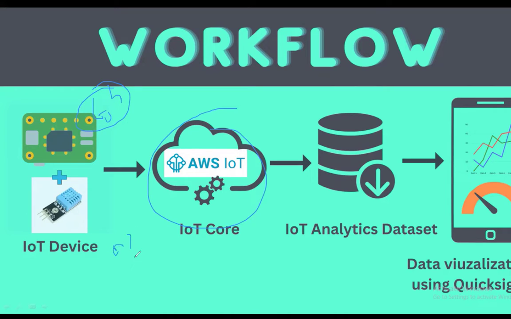From the device or gateway, we will be sending data to the core. Once data is sent to the IoT Core, in the core itself we can create rules. Suppose you want to use this data for analytics, or for QuickSight, or to send notifications. So we are getting temperature and humidity values to the IoT Core.